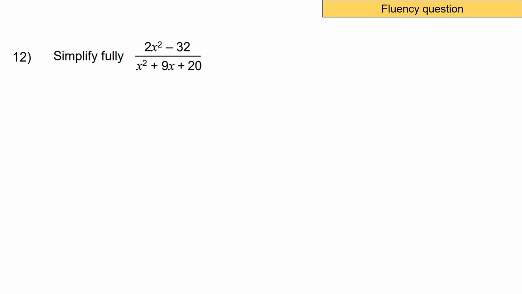Right, simplify fully. So this means that we're going to be factorizing these two, and some will be simplified. So 2x squared take away 32, 2 is a factor, x squared minus 16, so this is factorized. And then I need to think about two numbers that multiply to give me 20 and add to give me 9, so that's going to be 4 and 5, x plus 4, x plus 5.